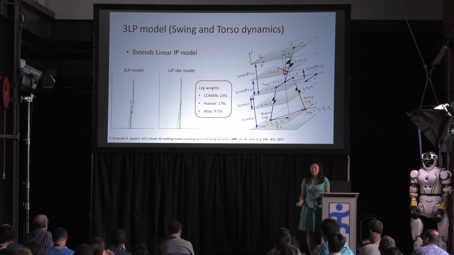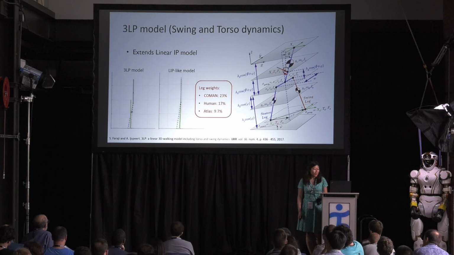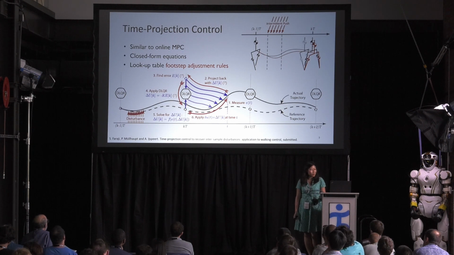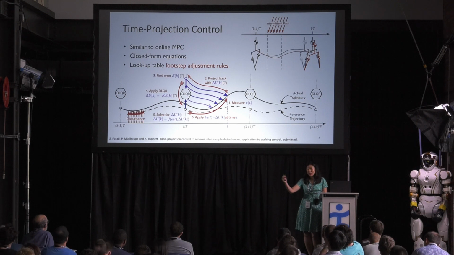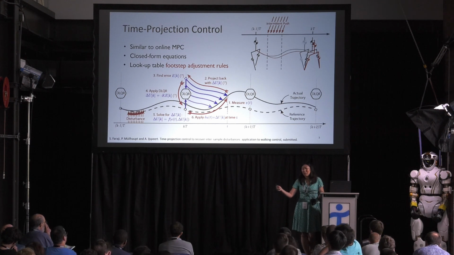It's called 3LP because it has 3 linear inverted pendulums that he uses to walk. And so he has this time projection control. What it does is, when there is a perturbation, for example, you can sense it through swing leg dynamics or center of mass displacement. At the event that the perturbation happens, he looks back to the event before, like for example heel strike, and figures out what he should do to correct for that perturbation.